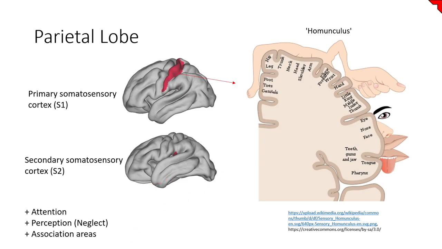And so as I said, the sensory fibers come from the contralateral side, and there's also a syndrome called neglect that happens if you have a lesion on your non-dominant side. That is for most people the right hemisphere, because most people are right-handed, and the contralateral side is then the dominant side.